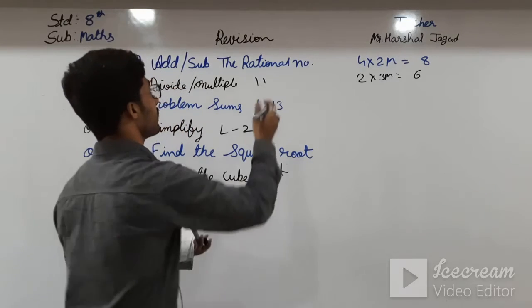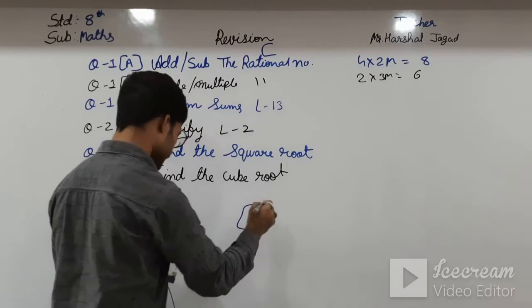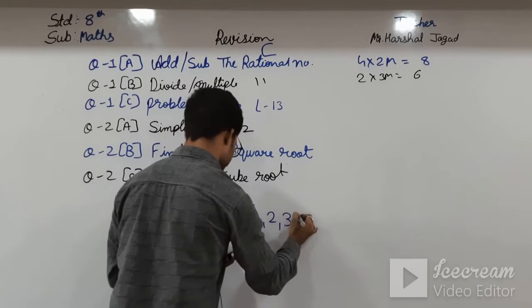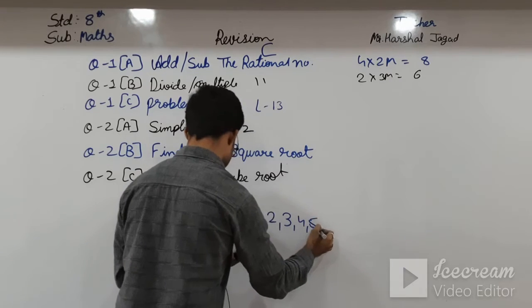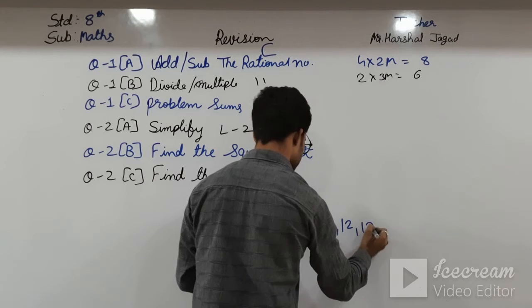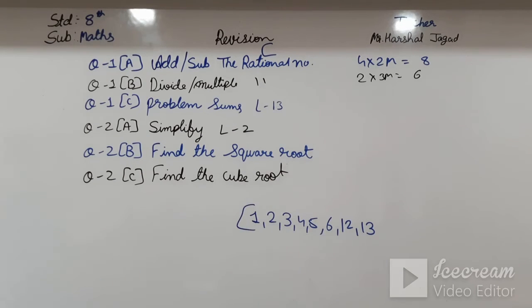Which chapters I am writing over here, you just write down: 1, 2, 3, 4, 6, 12, 13. From these chapters only it will be asked.